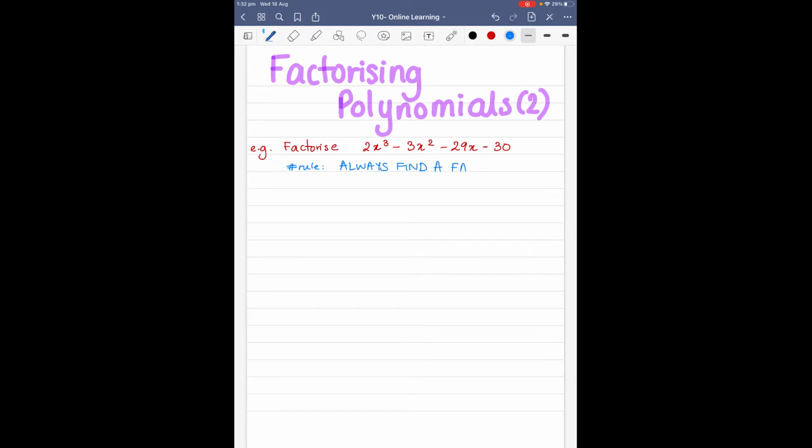A factor. Now, to find a factor, your P(x) has to give you a remainder theorem of 0, whatever your x is. Let's change it to P(a) is 0, because that's your remainder theorem, where x minus a is a factor.